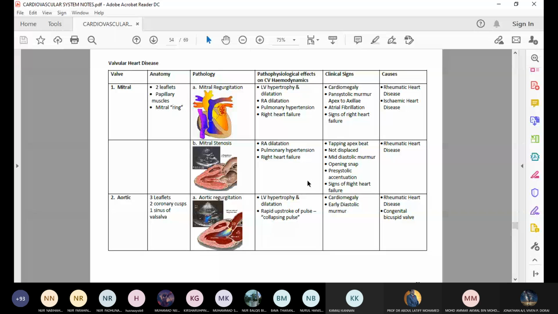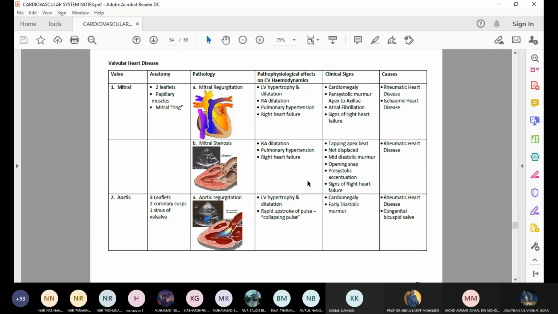Okay, so if you find valvular heart disease in the elderly or patients who have ischemic heart disease, usually the valve that is involved is the mitral valve. Okay, and it causes mitral regurgitation.